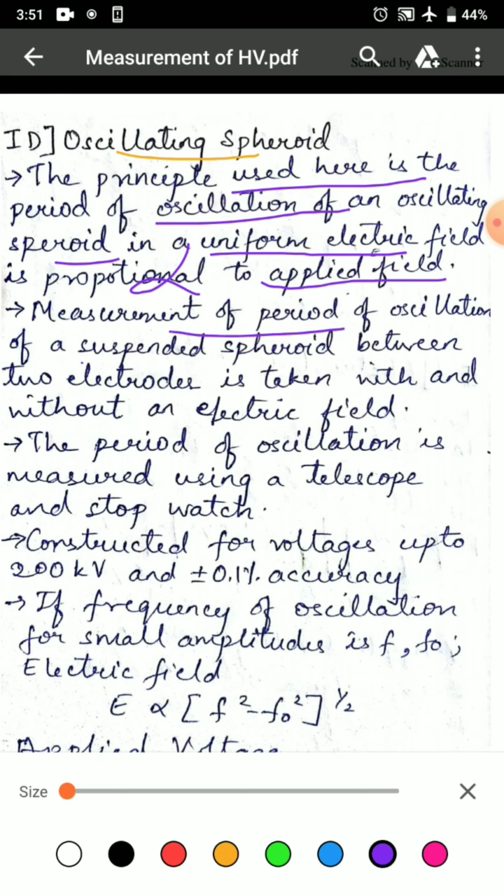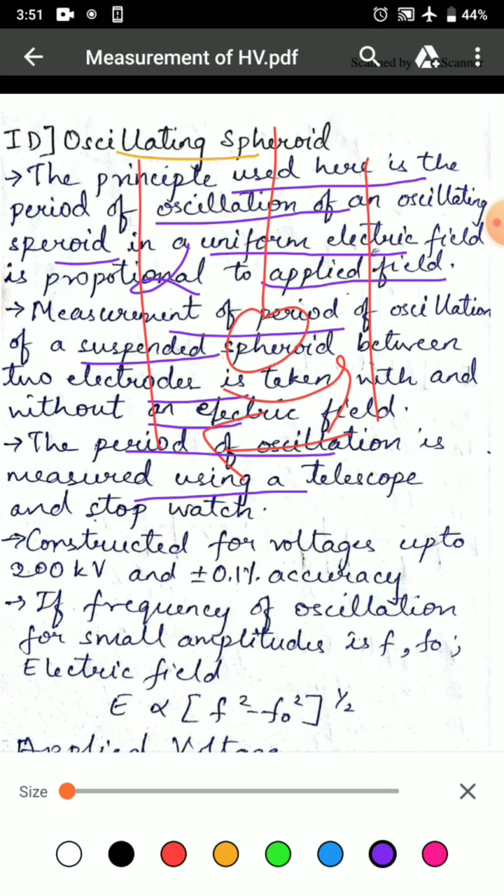The measurement of the period of oscillation of a suspended spheroid between two electrodes is taken with and without the electric field. The period of oscillation is measured using a telescope and stopwatch.